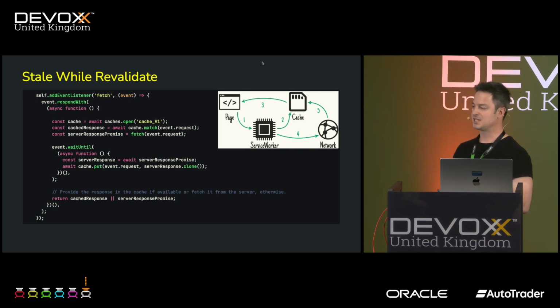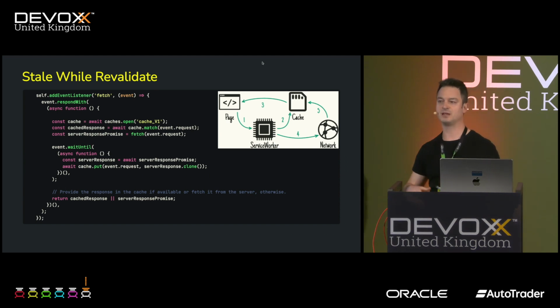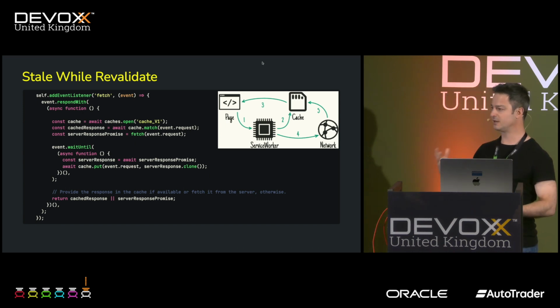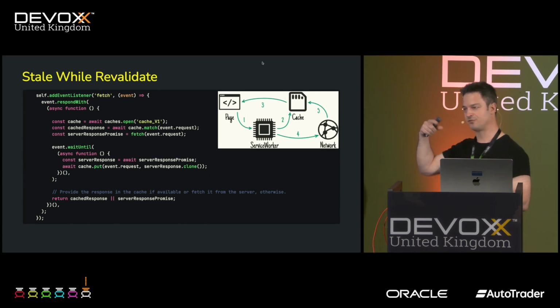One of the caching strategies that we can implement, probably one of the most famous, is the stale-while-revalidate strategy. There are plenty, but this is one of the most interesting. We implement these strategies on the service worker. So we have seen the service worker acts as a proxy, meaning that it listens to fetch events.